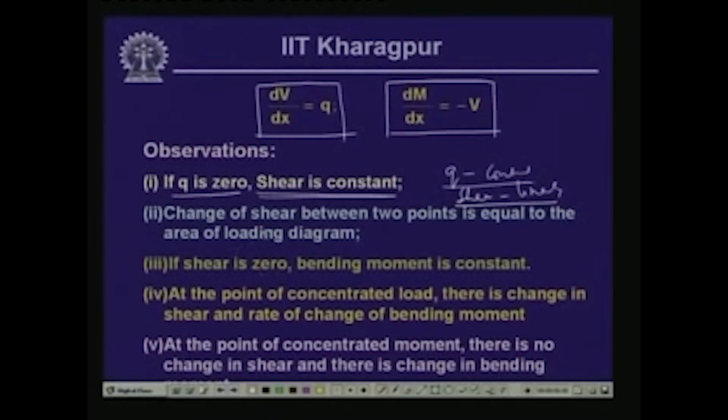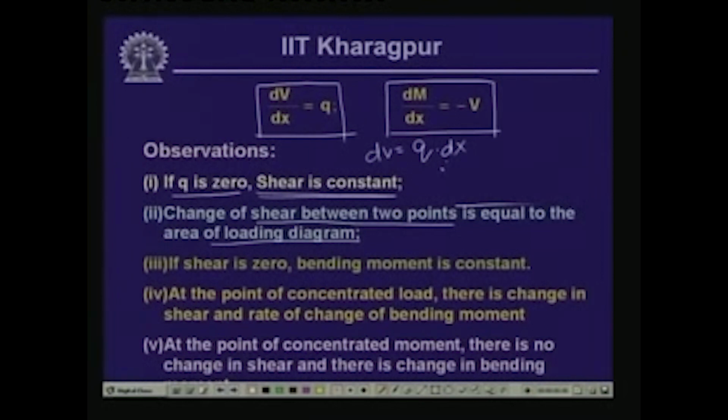Also, the change of shear between 2 points is equal to the area of the loading diagram. Now, if we look into this part of it, from this particular equation we can write dV equals q dx.